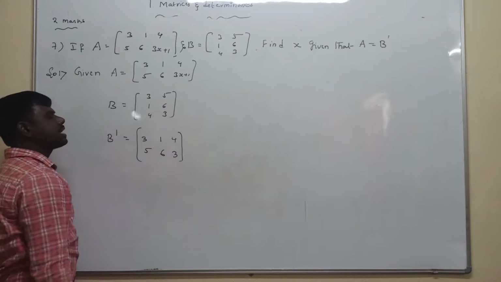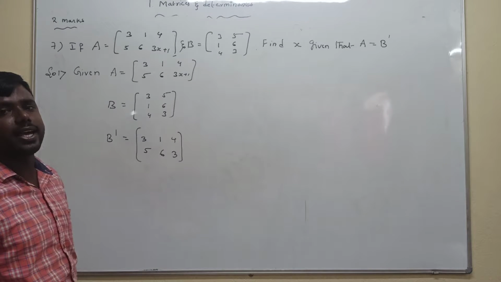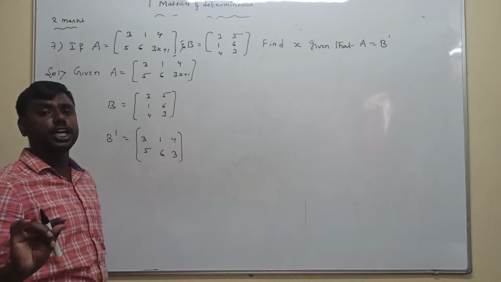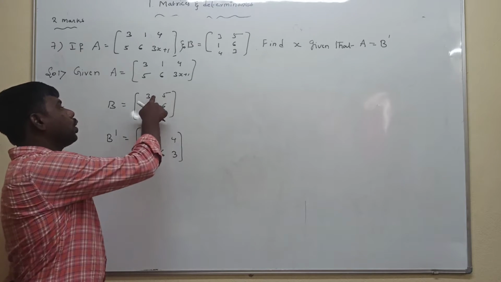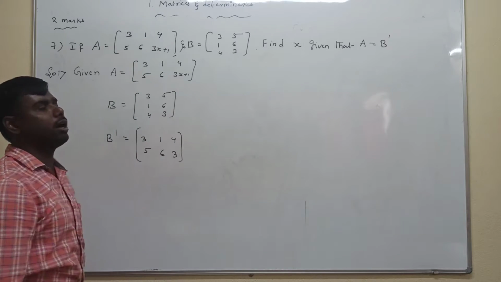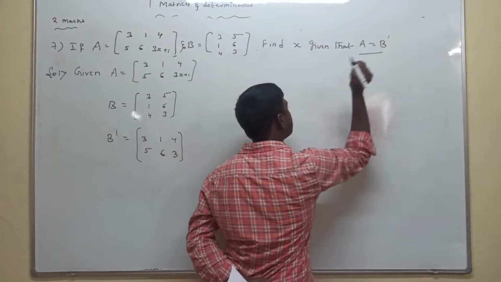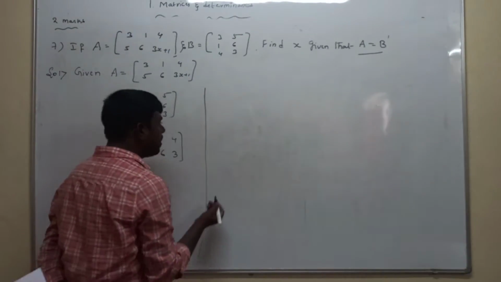Finally, we get the transpose of the B matrix. According to that, the given condition is A is equal to B transpose.